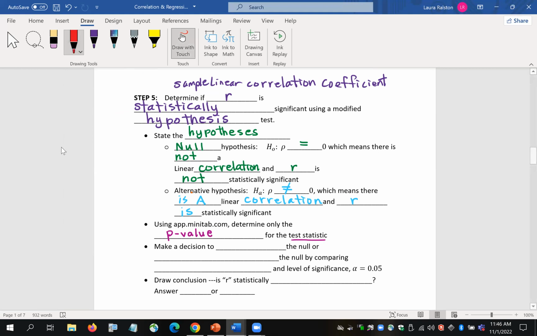And then we're going to do our usual thing. We're going to make a decision to reject the null or fail to reject the null by comparing the p-value to the level of significance. That part is not going to change. We typically use alpha equals 0.05.